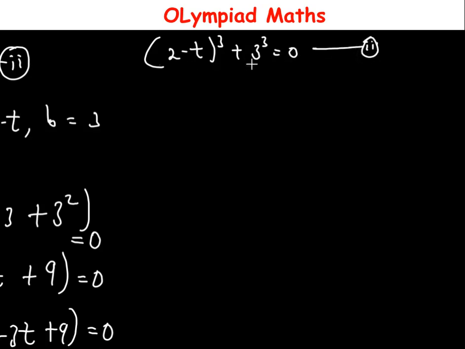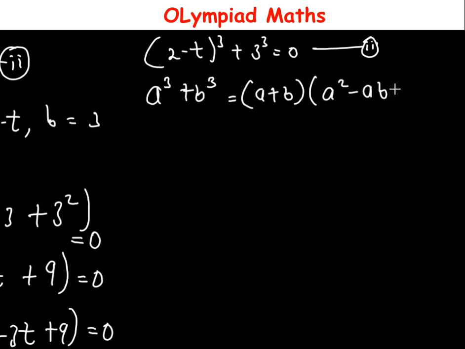So from here, looking at this, we have the sum of two cubes. If you have a raised to the power 3 plus b raised to the power 3, this is equal to, in bracket, a plus b multiplied by a squared minus ab plus b squared. In this case, the value of a in this equation is 2 minus t, while the value of b is 3.